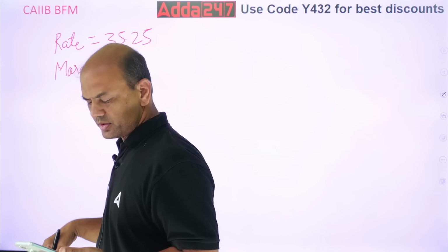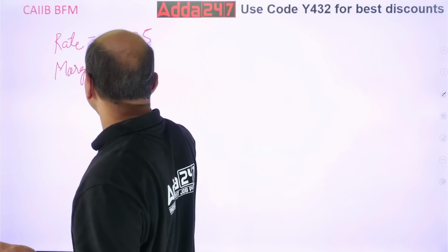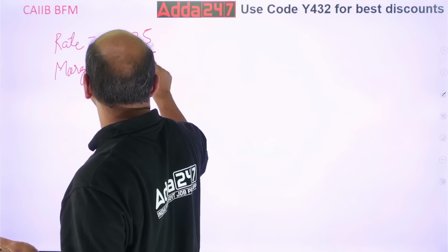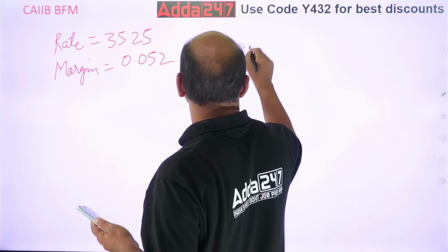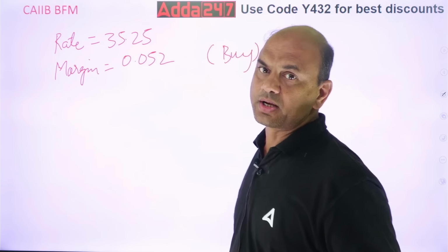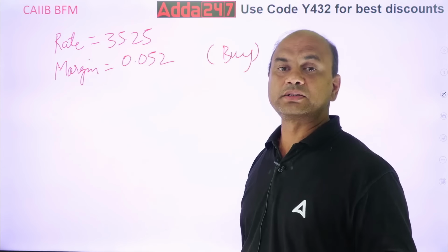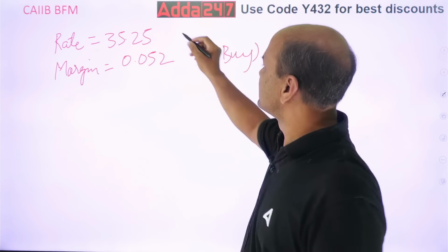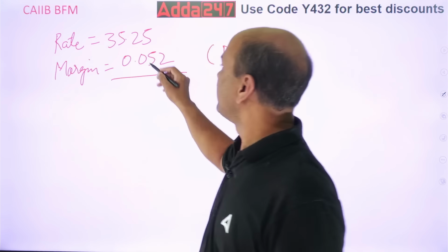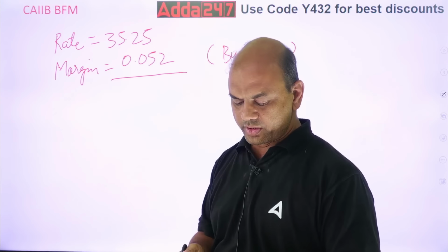It was 0.052. You are doing a buy transaction. You are buying it. For buying, what did I tell you? TT margin is always minus. For buying, you will have to do the minus. So 35.25 minus 0.0525.